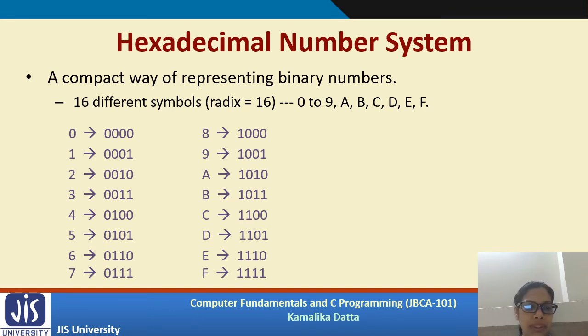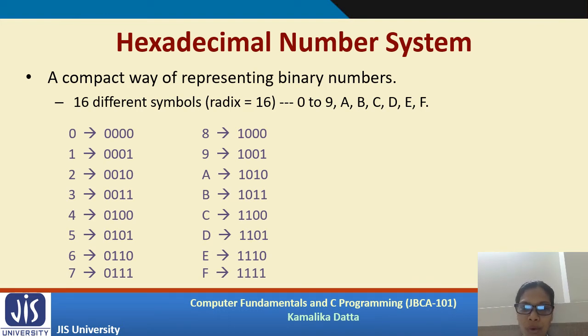And this is how it is represented. 0 to 9 is straightforward, but using 4 bits we can represent everything. And starting from A, it is basically 10, 11, 12, 13, 14, and 15, which we represent as A, B, C, D, E, and F.